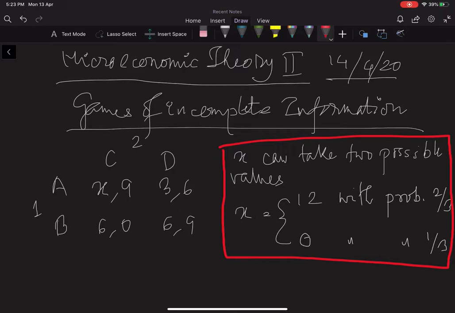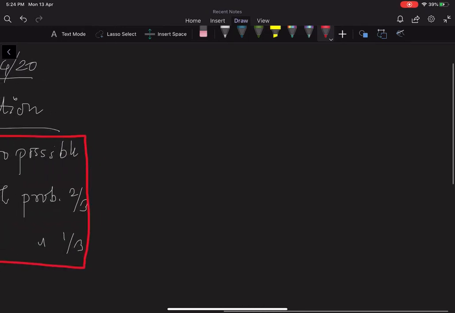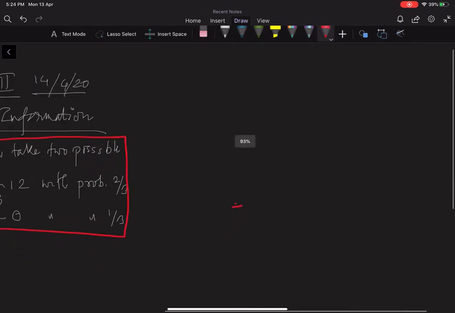Now basically what this means is that there are two possible payoff matrices. Okay, so let me write down the two possible payoff matrices.